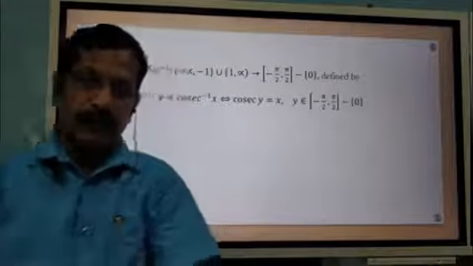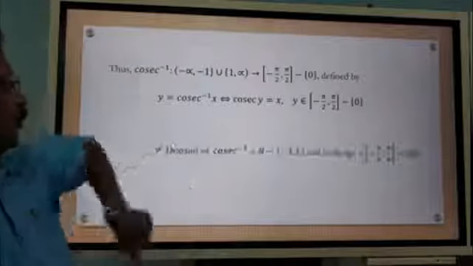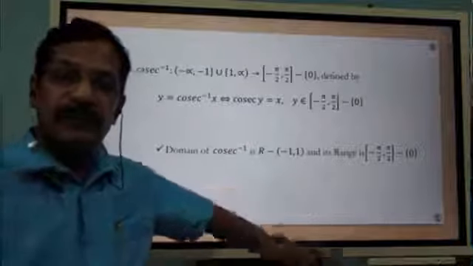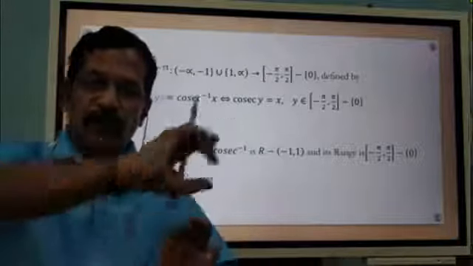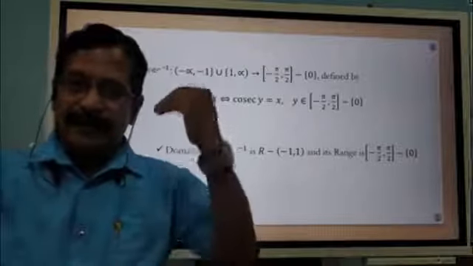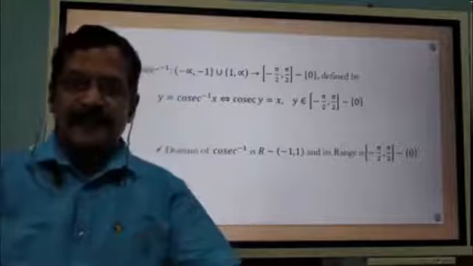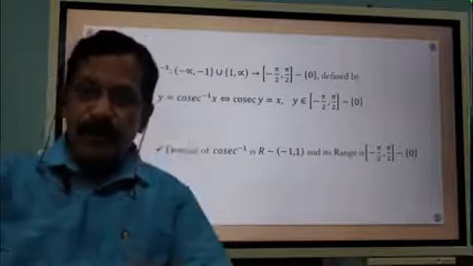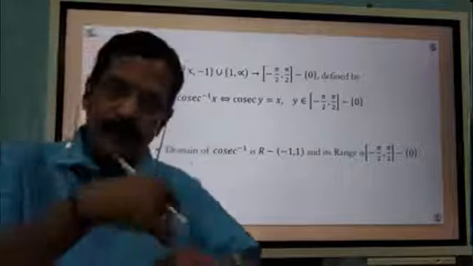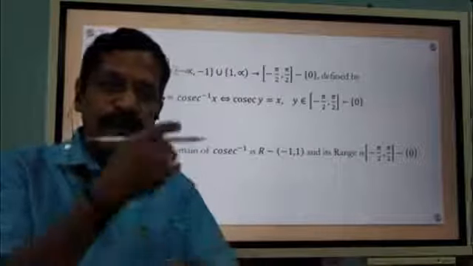Now what is the domain of cosec inverse? The domain of cosec inverse is R minus (-1, 1). From the set of real numbers, the open interval (-1, 1) is excluded. That is, the domain is the set of x such that x is less than or equal to minus 1 or x is greater than or equal to 1. We can write that domain in another way: modulus of x greater than or equal to 1.